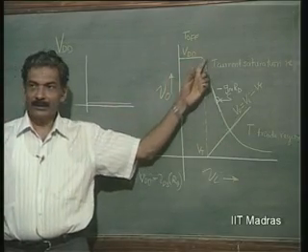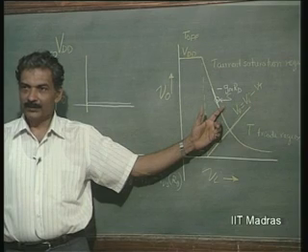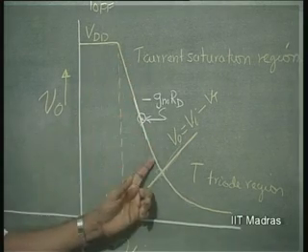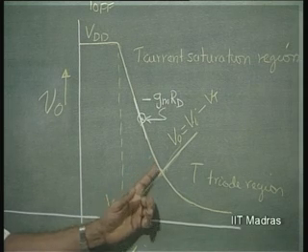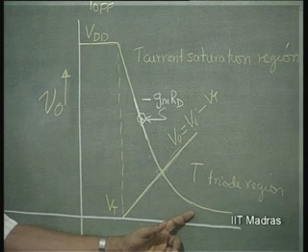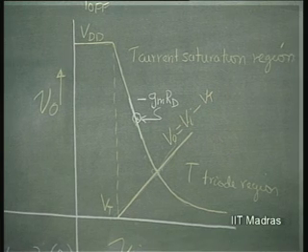Here it is 0, here it is k into Vgs minus Vt whole square or Vi minus Vt whole square. Here it is k into Vi minus Vt whole square. Here it is 2k into Vi minus Vt into V0 minus V0 squared by 2. All these things we had done in the last class.